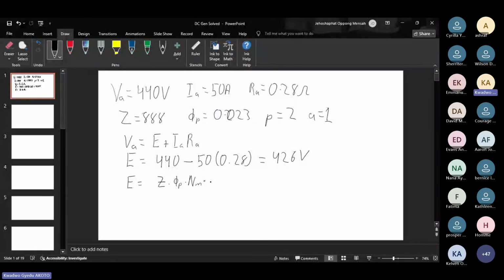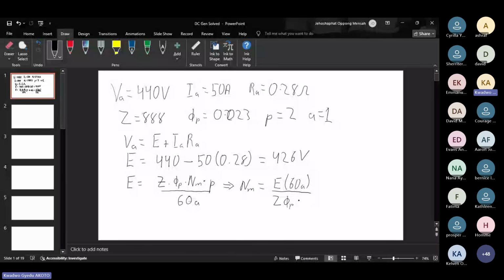So E is equal to Z phi times the number of pole pairs P times N_m, all out of 60 A, right? So if we make N_m the subject, we have E times 60 A out of Z phi times P, right?